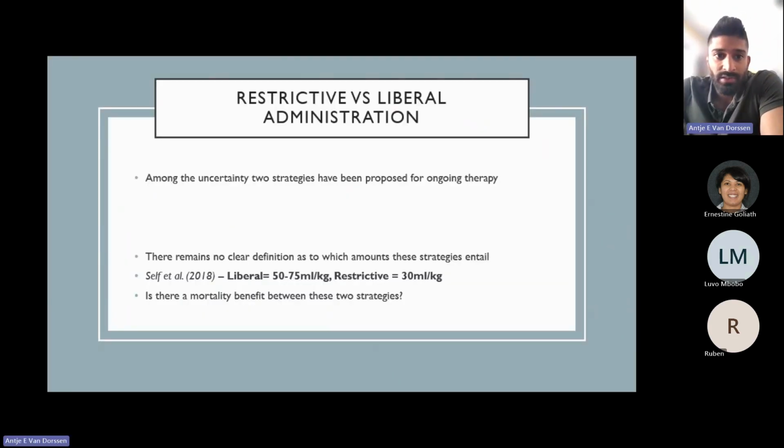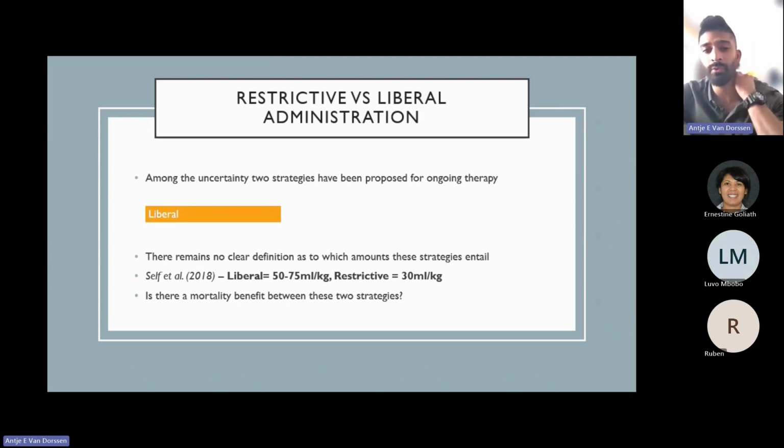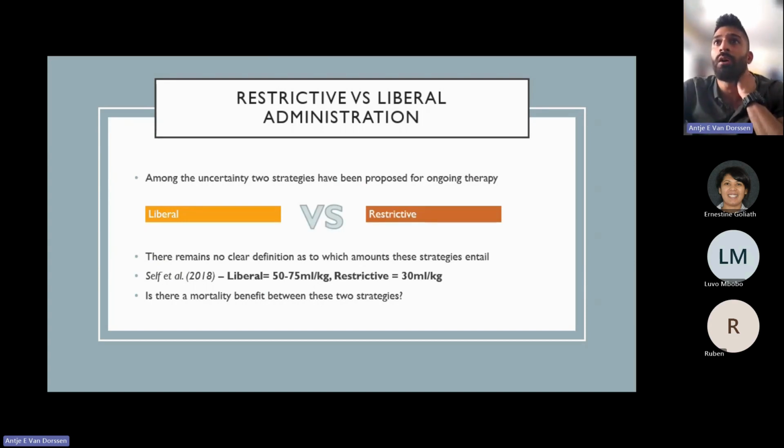So amongst all this uncertainty, two further strategies have been proposed for ongoing therapy, namely liberal administration of fluids versus restrictive administration of fluids. This has actually been quite a topical discussion as of late.